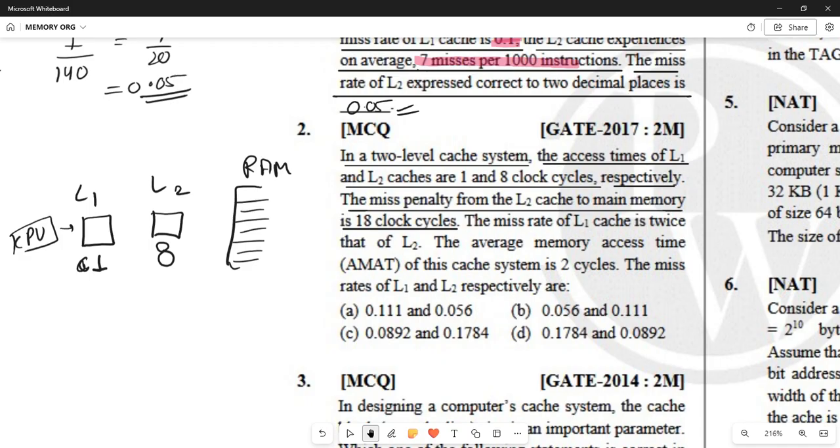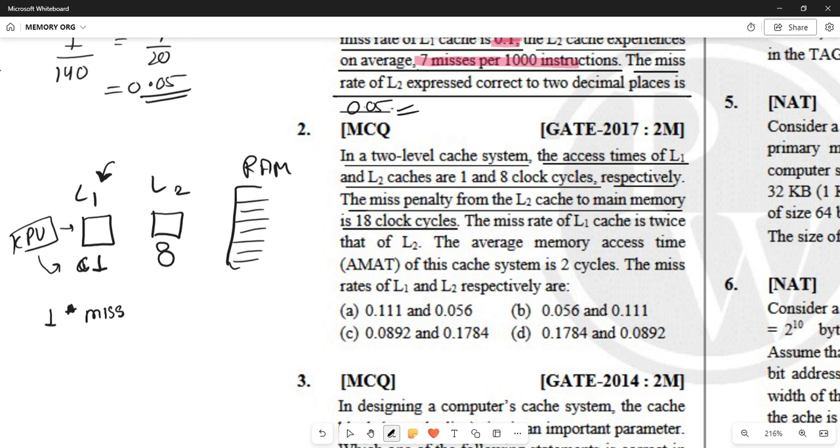Okay. Meaning, what conclusion can we draw from here? First of all, what is miss penalty? If L1 misses, then the time that it takes is the miss penalty. So the CPU will first try to reach L1 in 1 clock cycle, and there will be a certain hit and miss ratio.